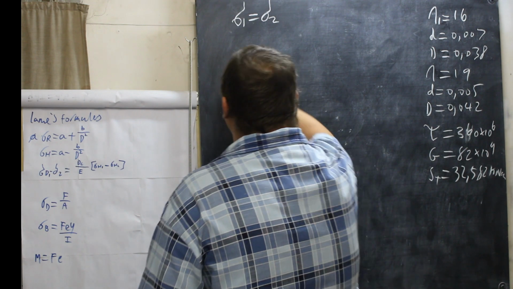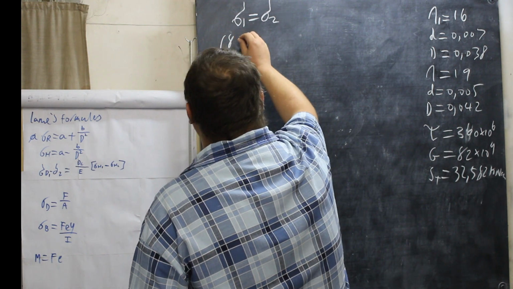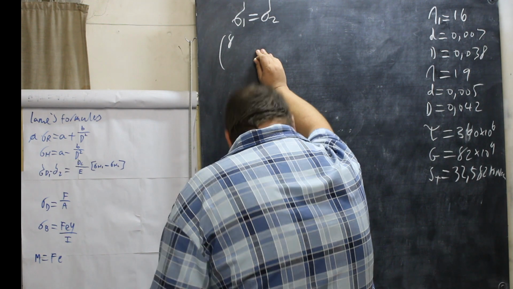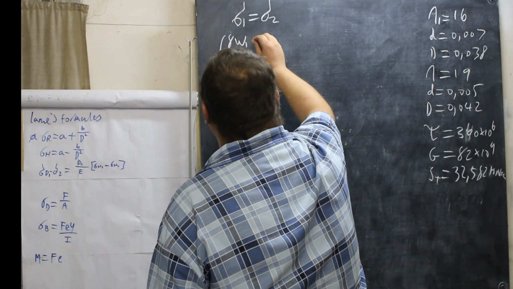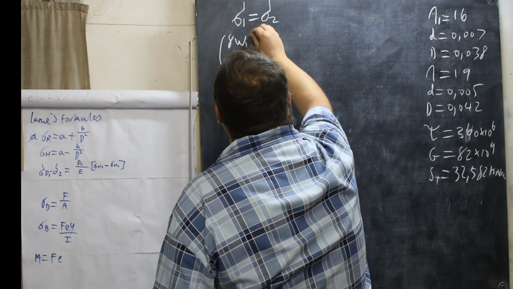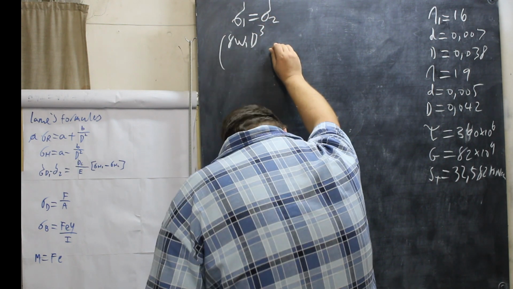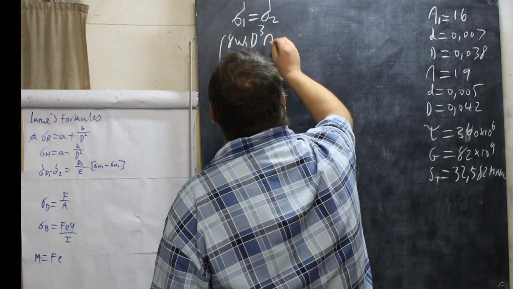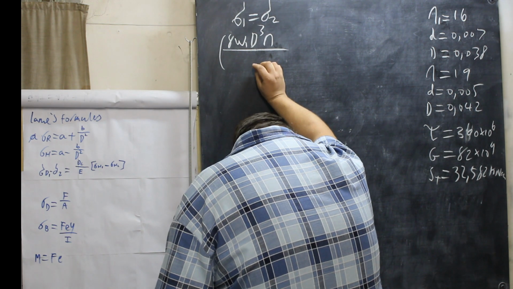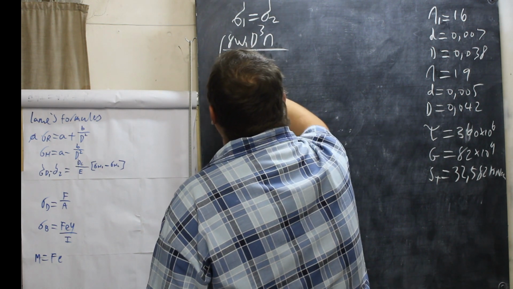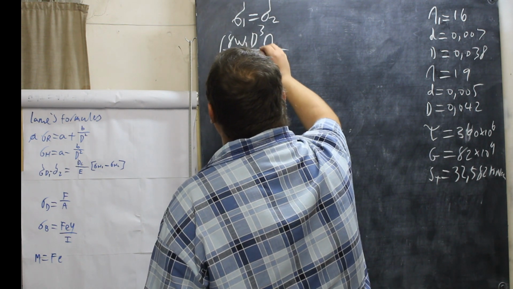And deflection is 8 W1 D to the power 3 n over G d to the power 4.